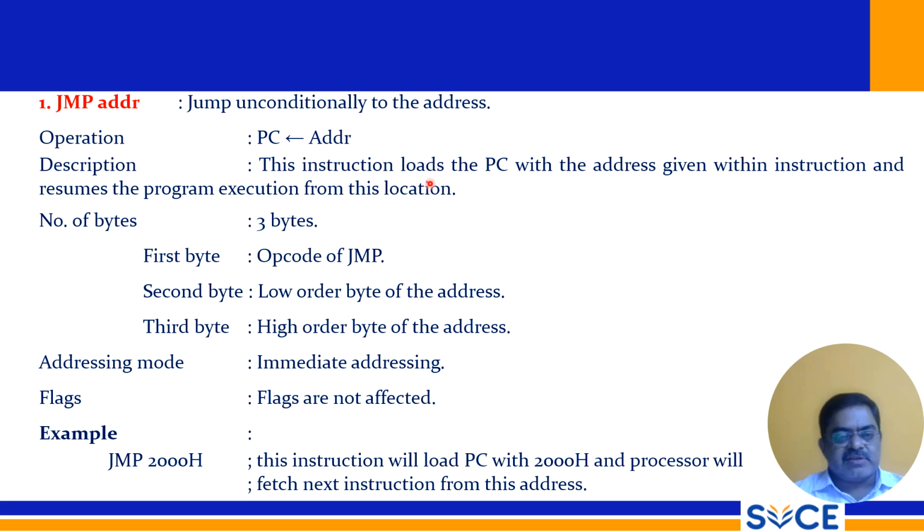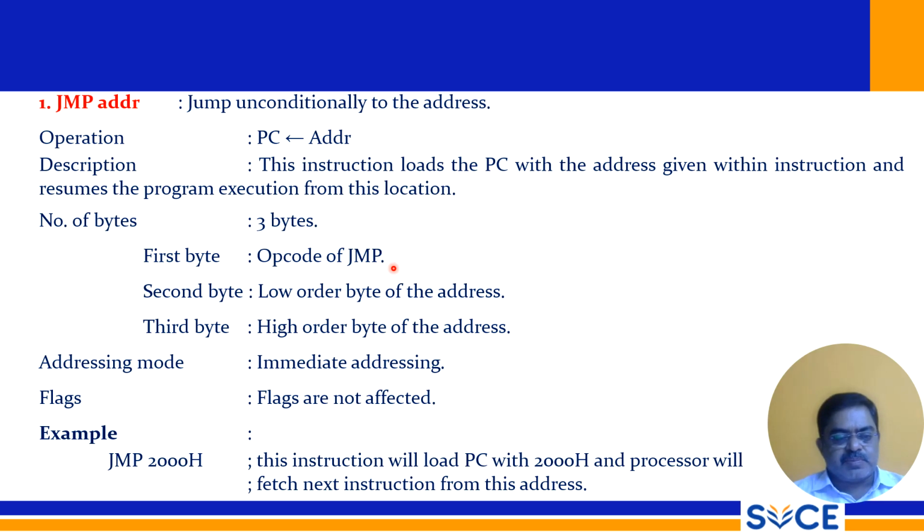This instruction loads the program counter with the address given within the instruction and resumes the program execution from this location. So I specify some address, and now my program execution will go to that address directly. It is a 3-byte instruction.